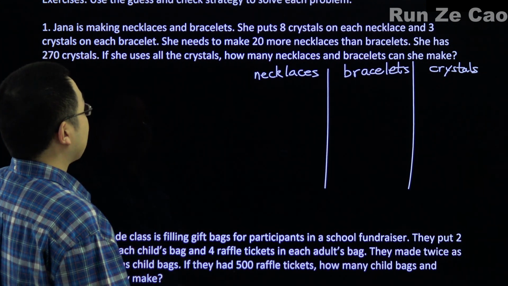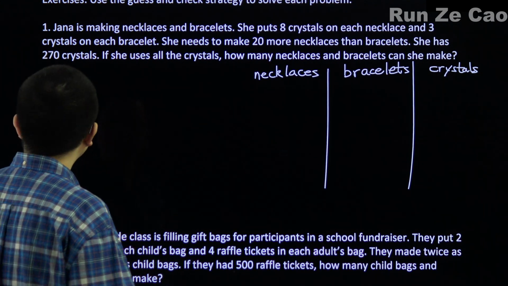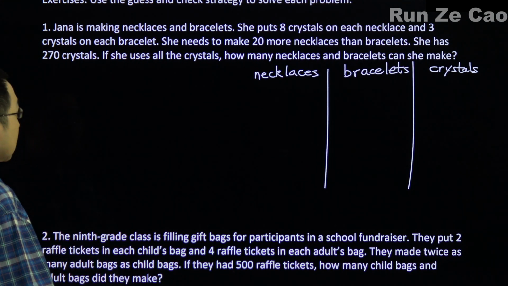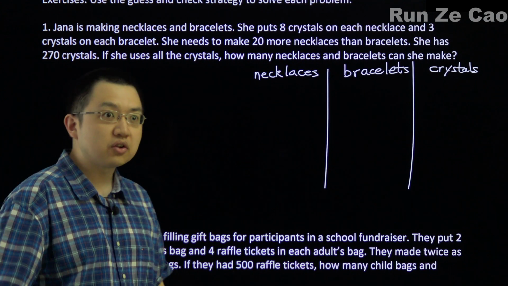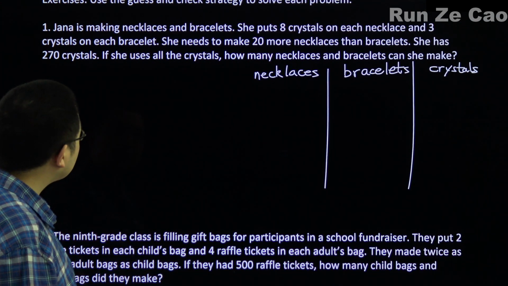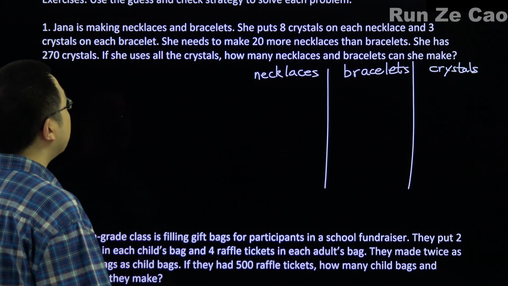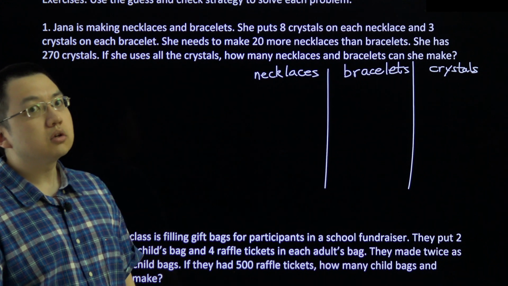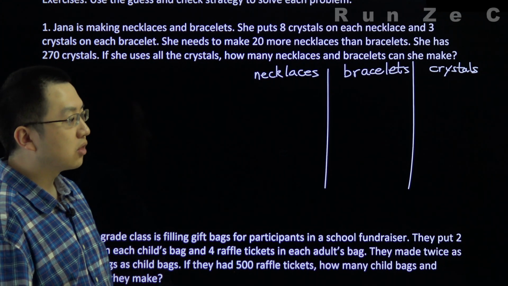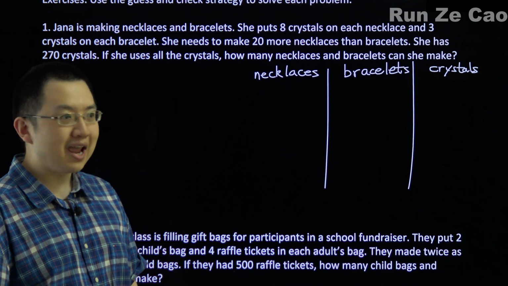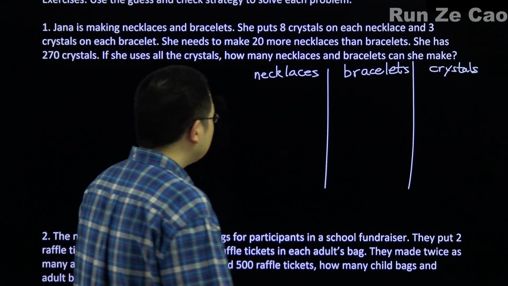Like, actually guess. You have 270 crystals, and you need 20 more necklaces. Each necklace has 8 crystals on it, so that's 160 crystals already taken up. The remainder is how many crystals? You have 110 crystals left. 8 crystals on each necklace and 3 crystals on each bracelet. That's a total of 11 crystals per pair. Oh, you got 10 pairs.